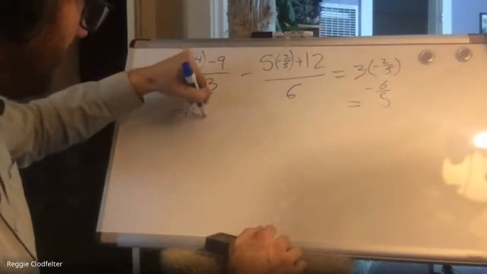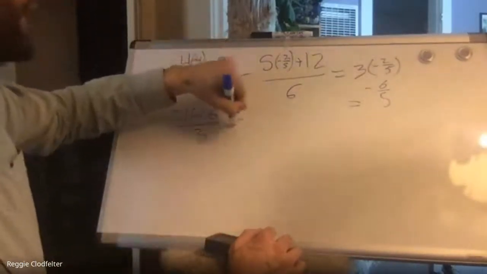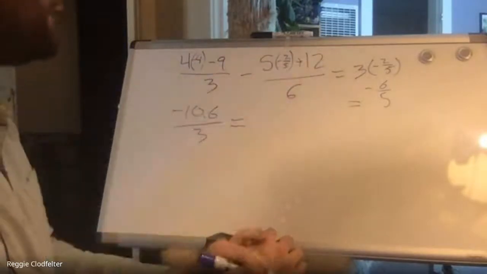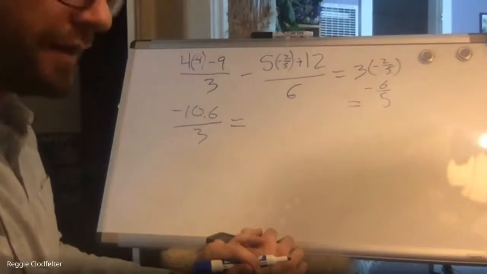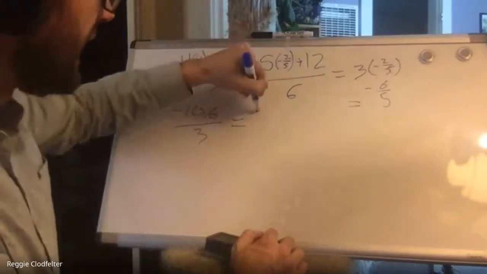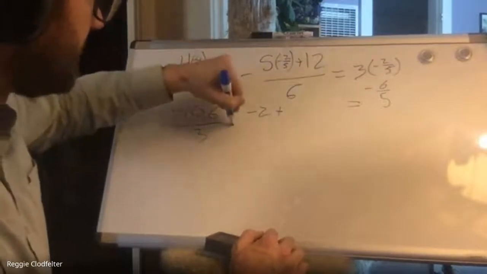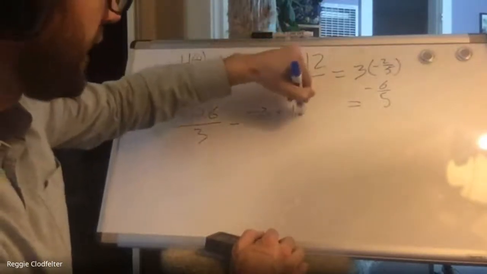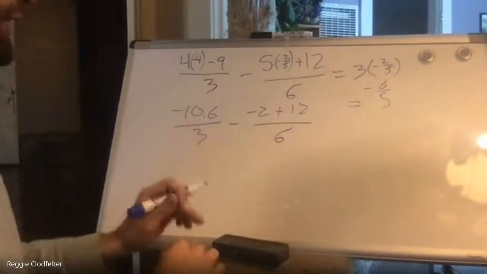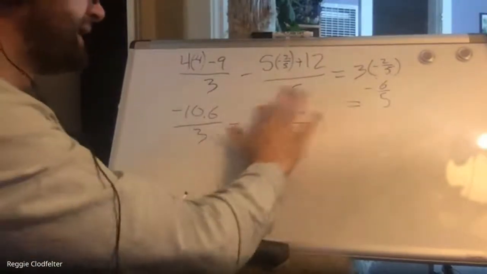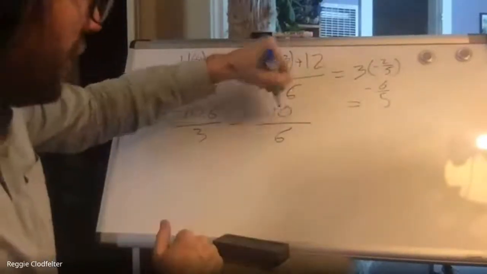So we have negative 10.6 over 3 equals, sorry, minus 5 times negative 2/5, which would be negative 10/5 or negative 2, plus 12 over 6. So now I get negative 10.6 over 3 minus 10, negative 2 plus 12 over 6.